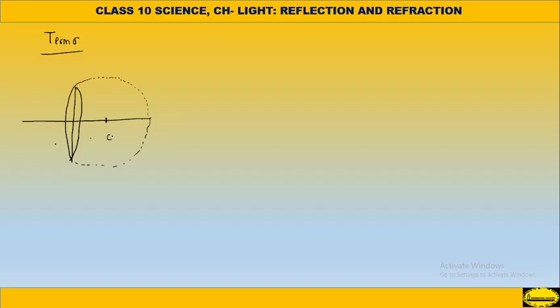That will be the center of curvature this side. If I extend this part as a part of the sphere, I can get the center of sphere. That will be the center of curvature. I am naming it as C1 and C2. Here it will be A, let it be P here, and I am indicating this surface as P and this surface as Q.